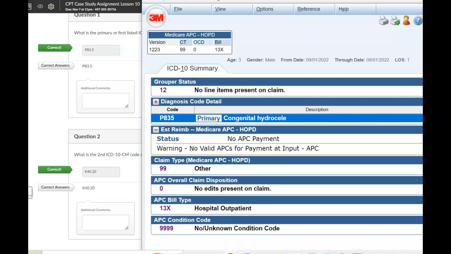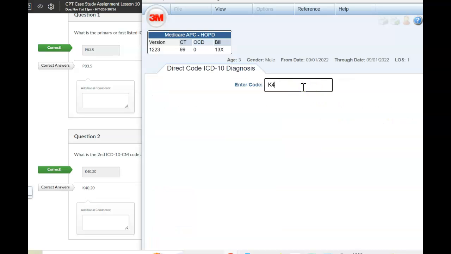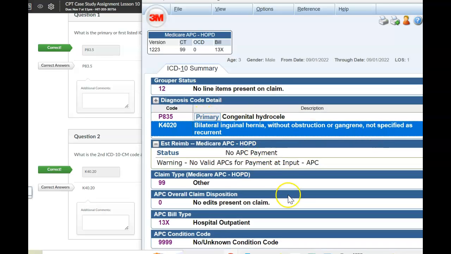We have K40.21. Not a big deal on this one, but I did have some students who put in 2-0. I did have some students who put in 2-1. Okay, so it's not specified as recurrent without obstruction or gangrene.